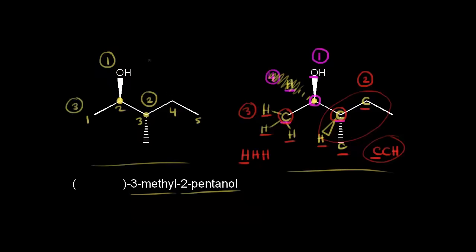Next, we draw a circle and determine whether we're going around clockwise or counterclockwise. So we draw a circle from 1 to 2 to 3, and obviously we're going around in a clockwise direction. And clockwise is R. So we are R at carbon 2. So I write here 2R.